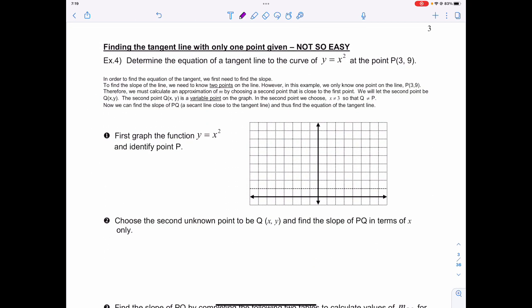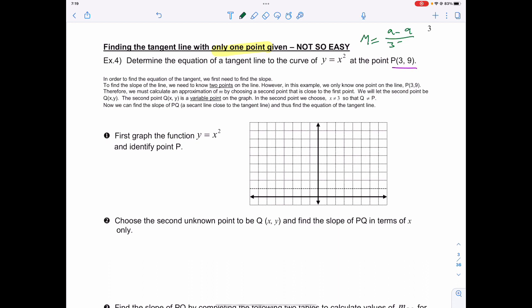What about finding the tangent using exactly 1 point? Well, part of the problem with this is if I'm only using 1 point, in this case, determine the equation of the tangent line to the curve of y is equal to x squared at the point of 3 and 9, I obviously can't just use 1 point to solve it based on what we know mathematically, because if I try and use that formula, my slope is equal to y2 minus y1 over x2 minus x1.